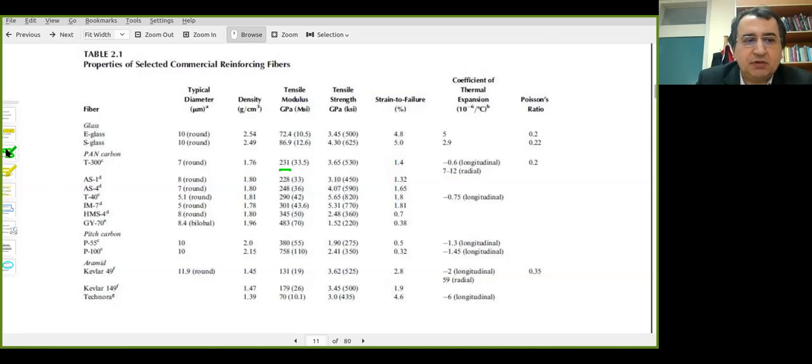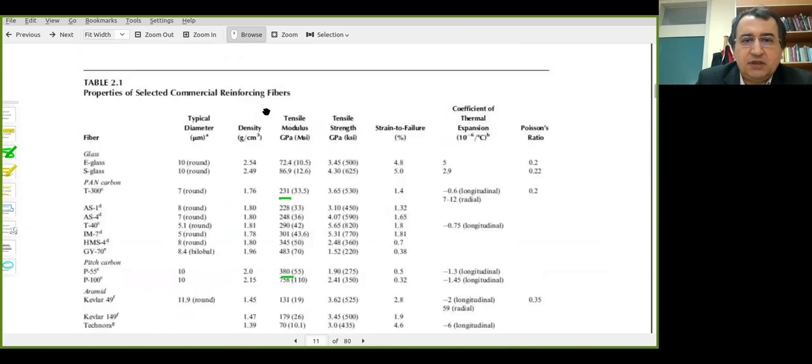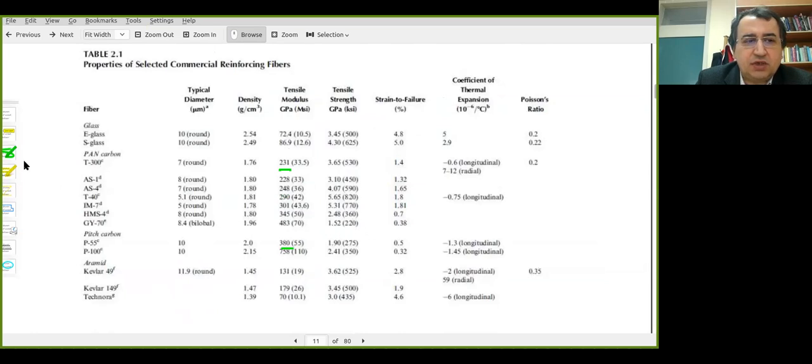That's PAN carbon. Pitch carbon, on the average, is around 400 gigapascals. From 200 to 400, and there's an even higher value around 700. These are for tensile modulus. Strength values are also shown; it's about 4,000 megapascals for a PAN carbon fiber. So it is a high strength material.